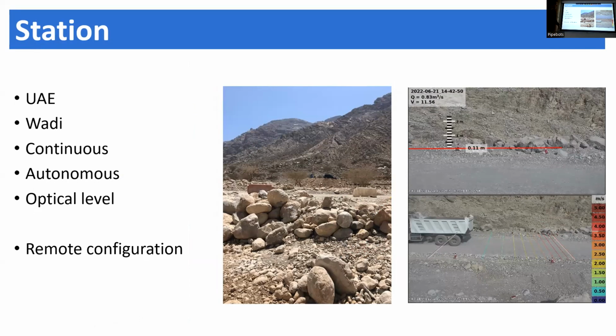Oh, so here is the camera. Probably you don't see it, but it's like 150 meters away from the other end. And that poses some difficulties in setting up the station on site. Additionally, we did all this remotely.